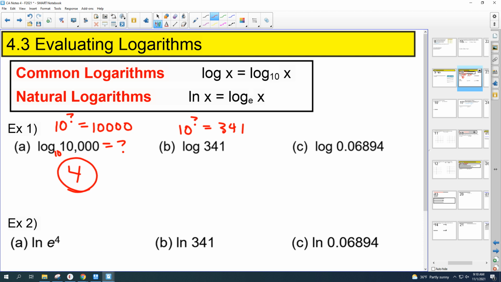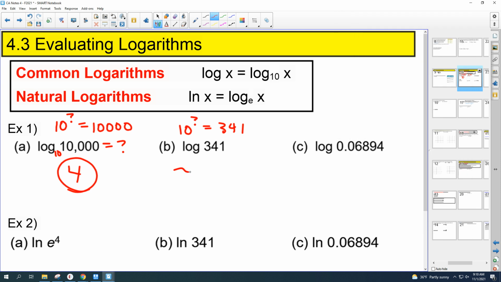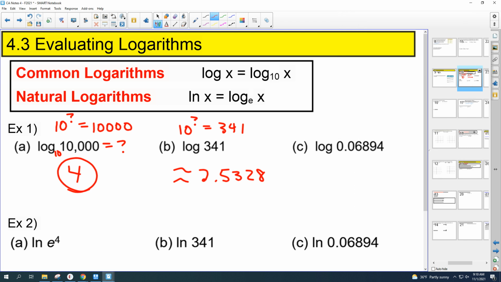That's basically all I can do in my head, but I don't need to do this one in my head because I've got a calculator. Log 341 is 2.5328 approximately. If it's up to me, we're going to round off to 4 decimals.